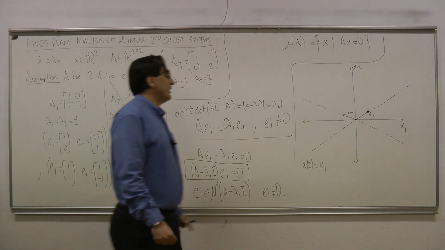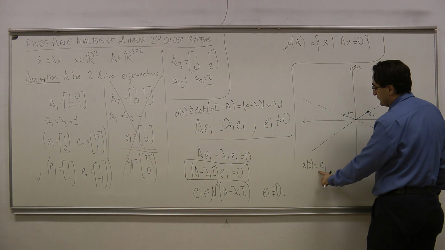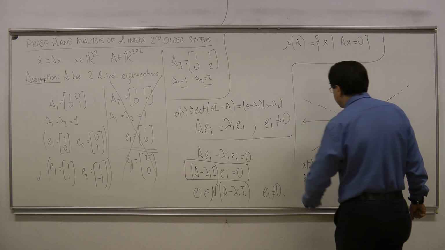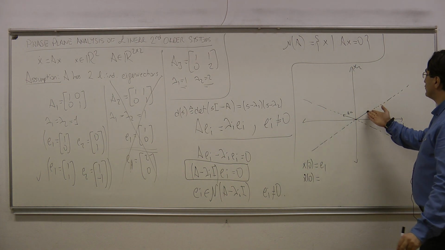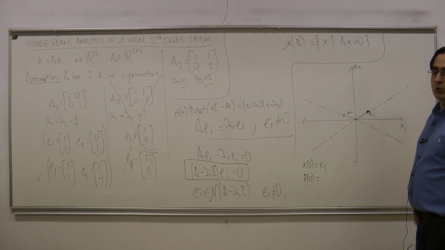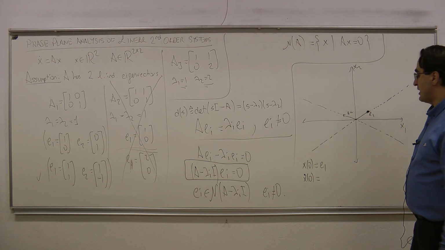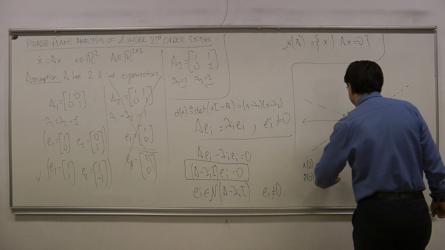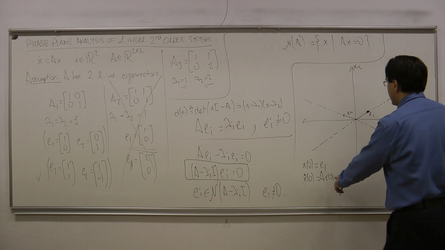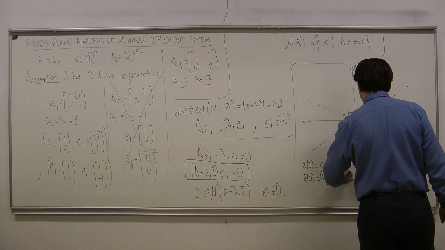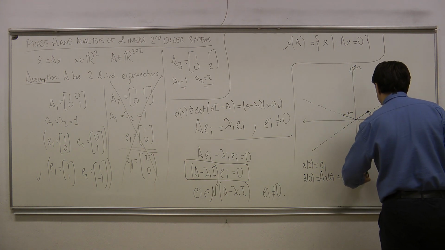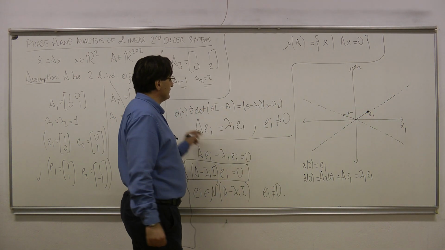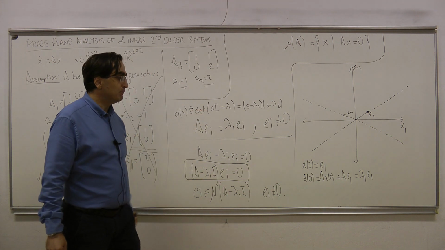So when I start the system at this initial condition, what is going to be the velocity of the system at time 0? In which direction is this state going to move? That is the question that I'm asking. Obviously it is going to be a times x0, and x0 is E1, so a times E1, and that is going to be lambda 1 times E1, by the eigenvector eigenvalue equation here.